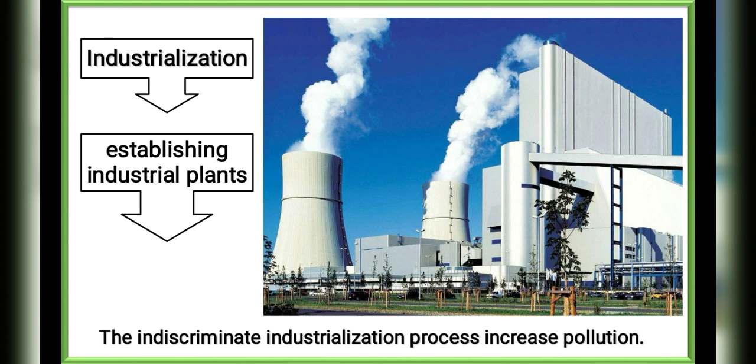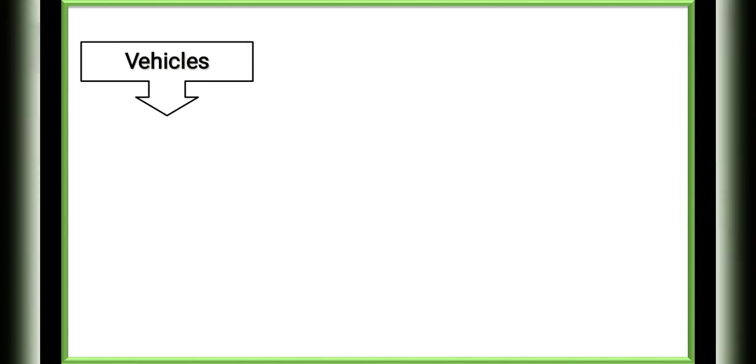So if we make industrial areas unplanned or indiscriminately, it will increase pollution, because you can see that these industrial plants emit heavy tons of smoke or waste materials, which is very harmful for our environment. Let's go to the next word, vehicles.